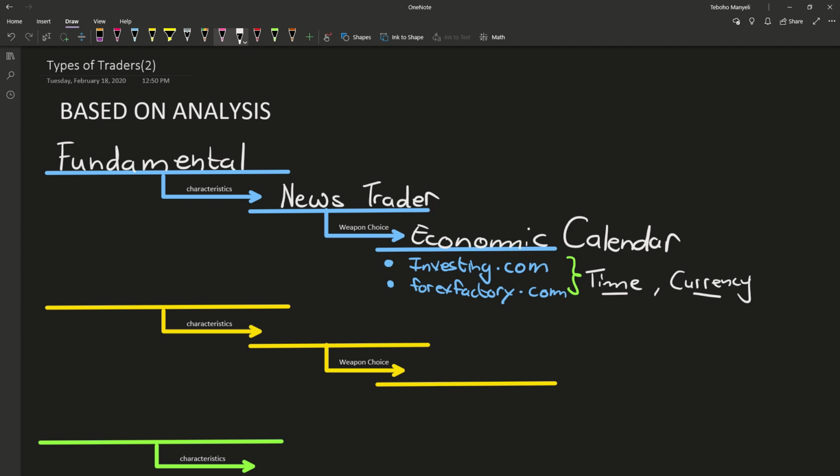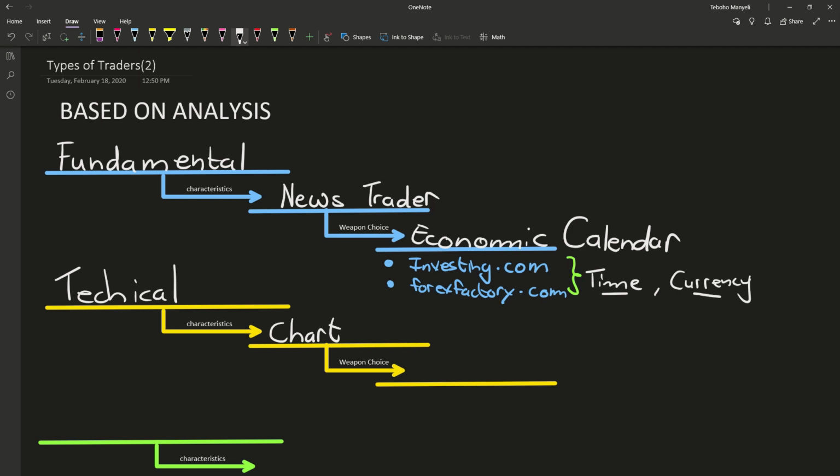The second type of trader is your technical trader. This style of trading is based on charts. These are the guys that came up with all these theories like your Elliott wave, your candlestick patterns, your advanced patterns like rising wedges, double bottoms, harmonic patterns, and so on.